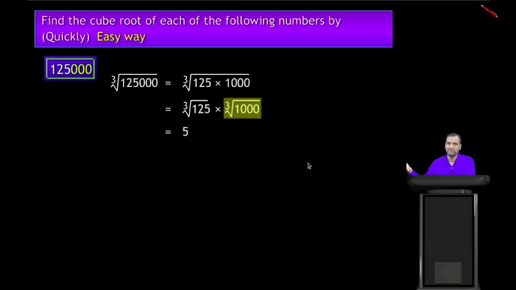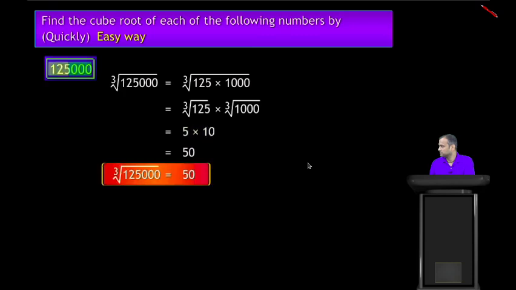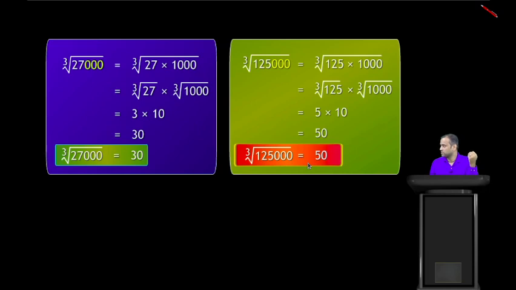It is 5. And the cube root of 1000? This is again 10. So the answer is 50. Again look here, the number 125, a perfect cube, is followed by 3 zeros, a multiple of 3.